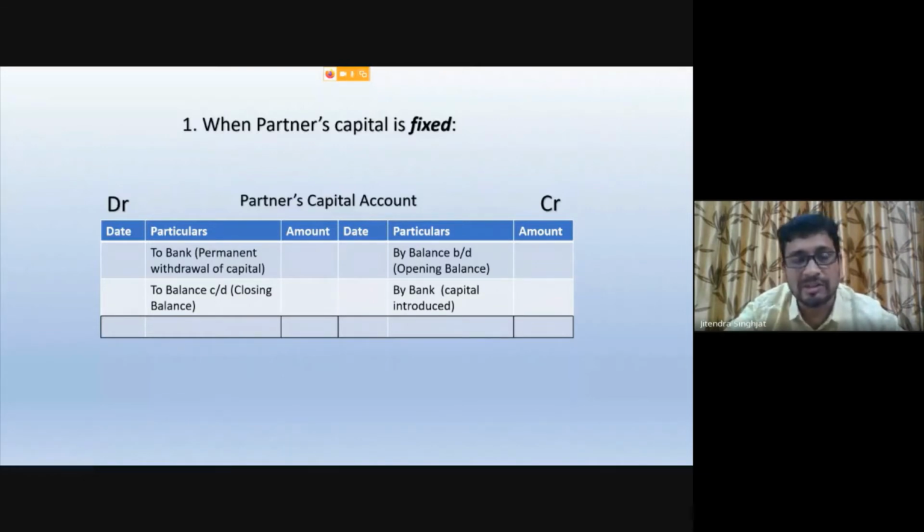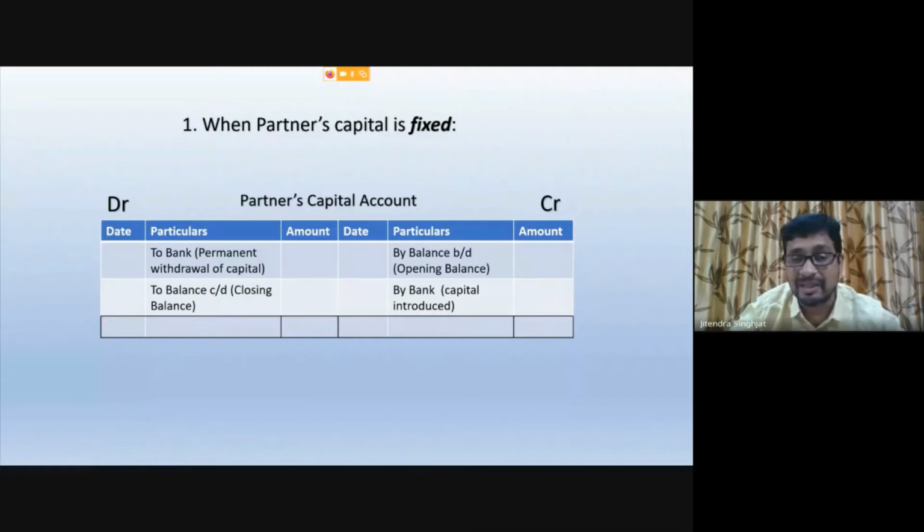But children, when partner's capital is fixed, partner's capital and partner's current, two accounts are prepared. Why are two accounts prepared? Because in partner's capital account, we record only capital introduced and withdrawn. But partners are getting some other things than capital also, and they are withdrawing other than capital also.